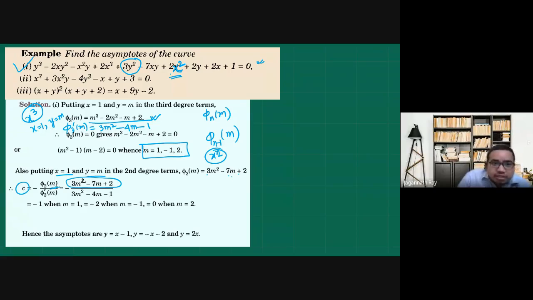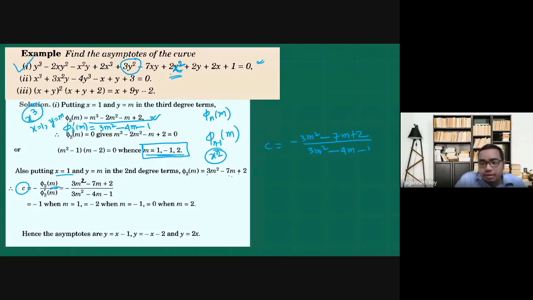After differentiating this one, we'll substitute the values of m. So C is actually minus 3m square minus 7m plus 2 by 3m square minus 4m minus 1.